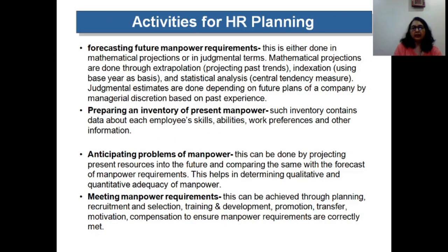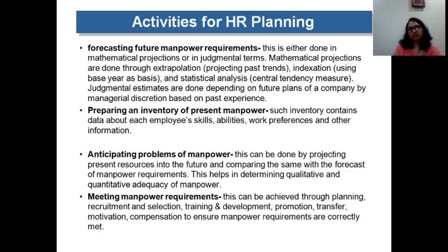There are certain activities that HRP looks at. First is forecasting future manpower requirements. Now, this forecasting can be done either through quantitative tools like mathematical projections, or using qualitative tools like managerial judgments and so on. Then secondly, the organization has to prepare an inventory of its present manpower.